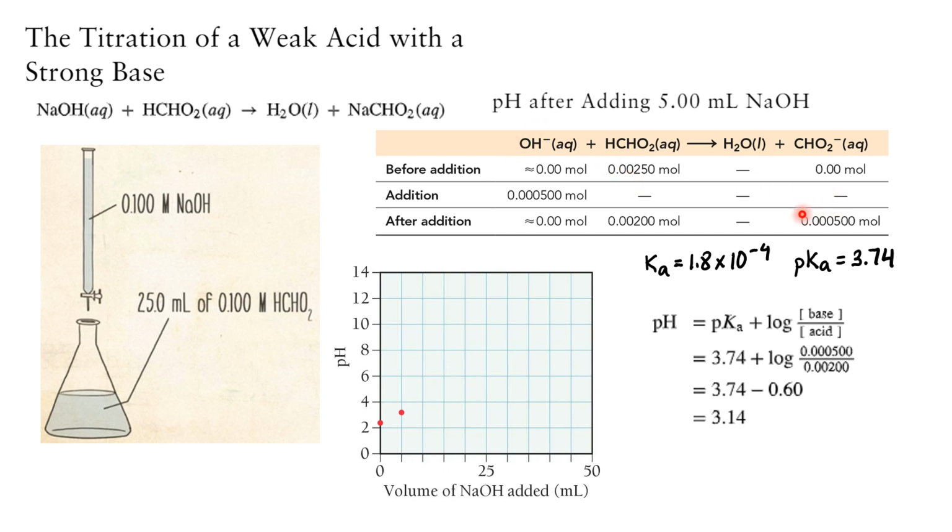So now you have 0.000500 moles of your conjugate base. There are your ratios, and you're probably wondering, can't I just get the molarity now? You could do that, that's fine.